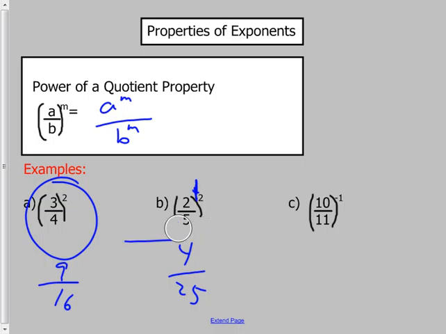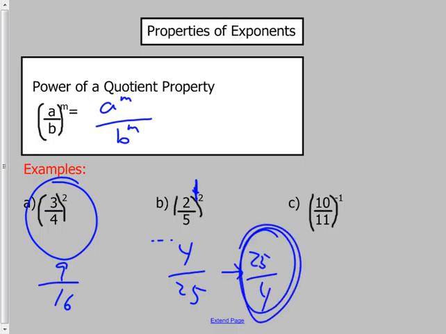So instead of 4 over 25, I will have 25 over 4 as my final answer. That's what that extra negative does up there, it makes you flip whatever you had for an answer or put 1 over it. So this one, ignore the negative for a second, and it's just to the first power, 10 over 11. Now remember that it is negative and flip it, 11 over 10. Final answer.